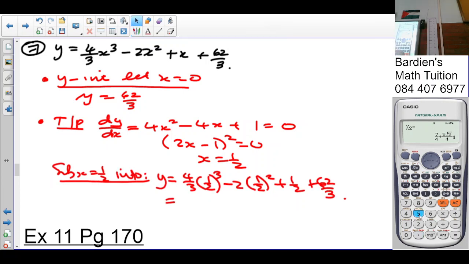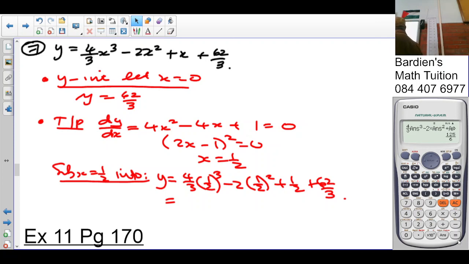So what I do is I put the half in the calculator. You say 4 over 3 times answer cubed minus 2 times answer squared plus answer plus 62 over 3.